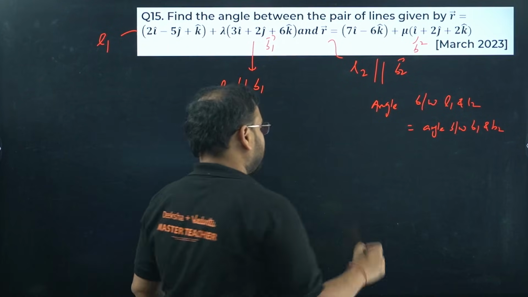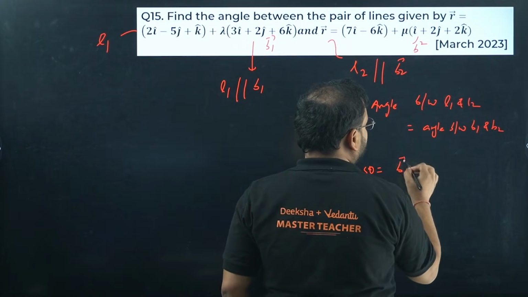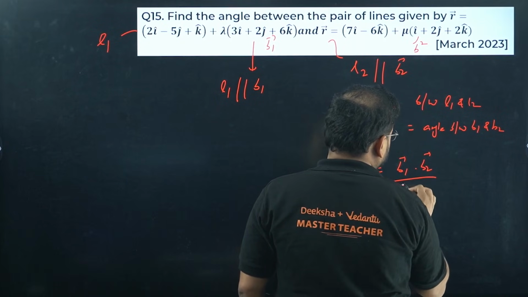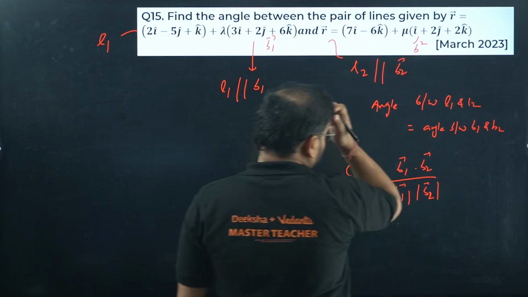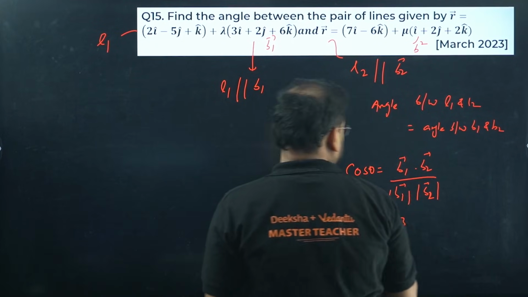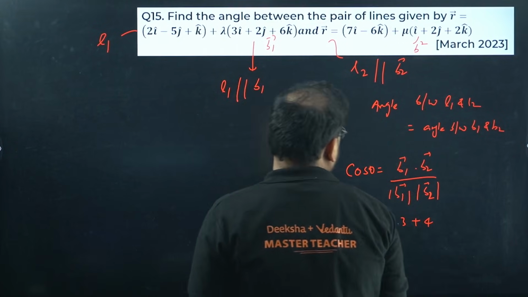So cos theta is given as B1 dot B2 divided by mod of B1 times mod of B2. Let's try. B1 dot B2 will be: 3 into 1 is 3, 2 into 2 is 4, and 6 into 2 is 12.